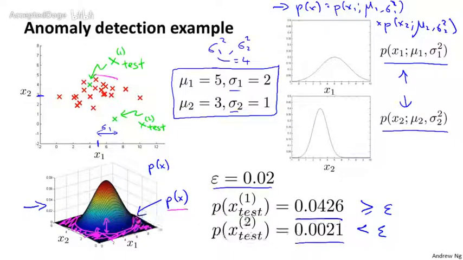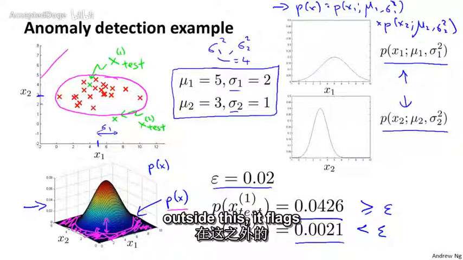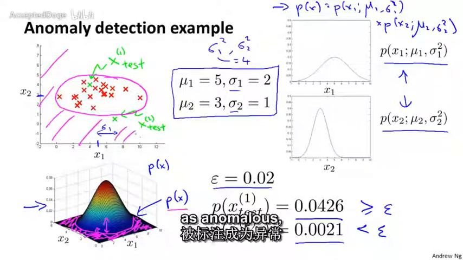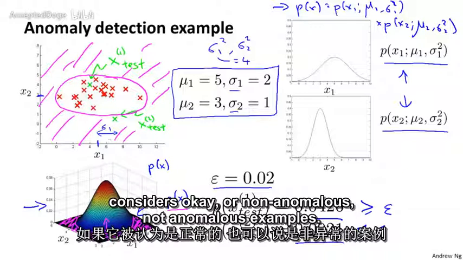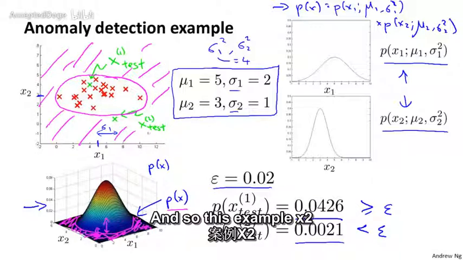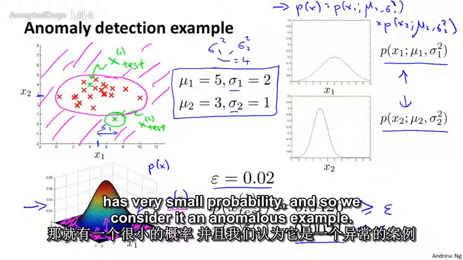It's going to define some region that maybe looks like this, so that everything outside this it flags as anomalous, whereas the things inside this ellipse I just drew it considers okay, or non-anomalous examples. And so this example, x2 test, lies outside that region, so it has very small probability, and so we consider it an anomalous example.